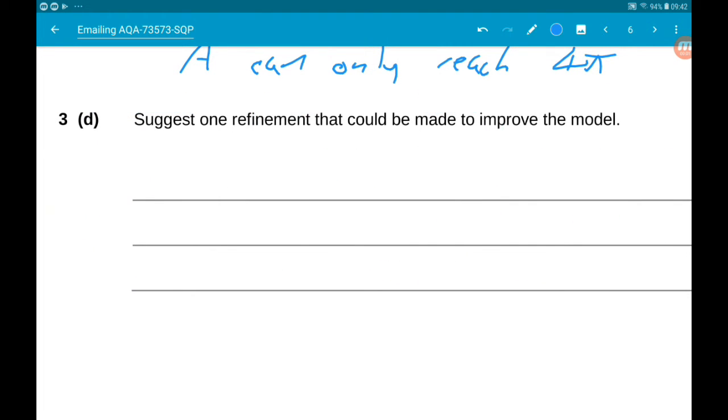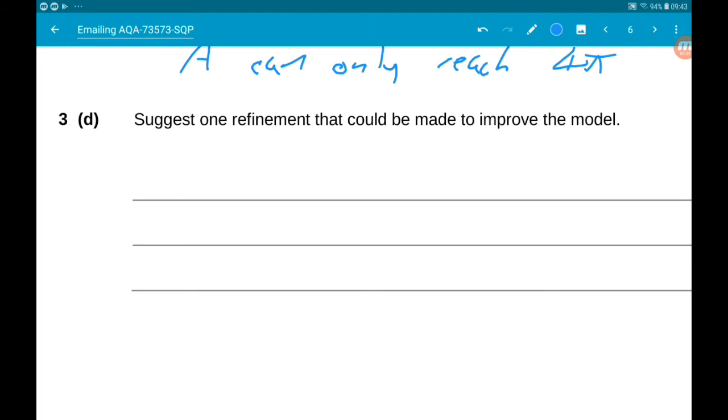Okay, then for part D, we want to suggest one refinement that could improve the model. So, ideally, something to fix the problem that we mentioned above. So, some sort of limit put into the model, or we could talk about how the model is very simple and that we haven't really mentioned anything acting against the growth of the weed.